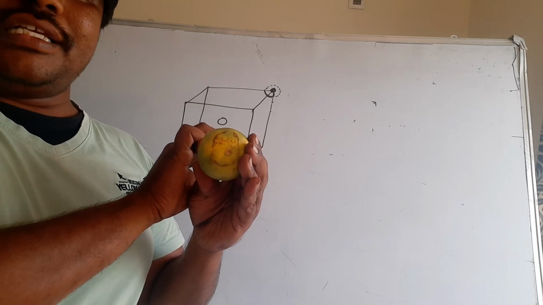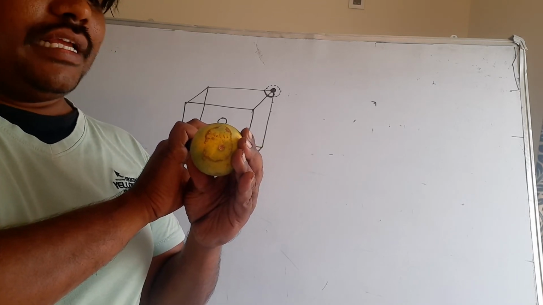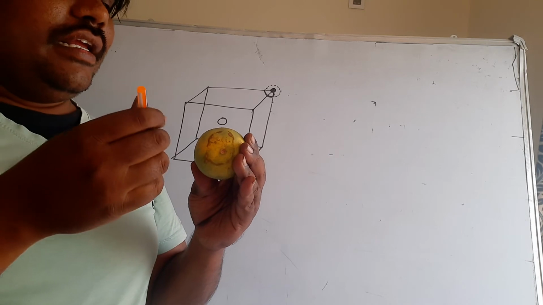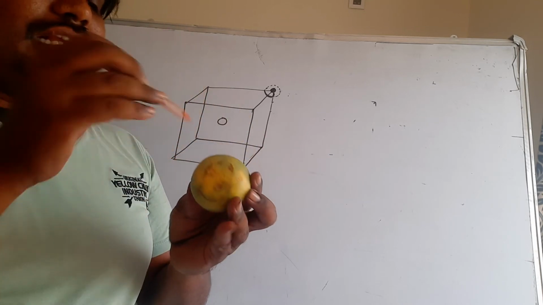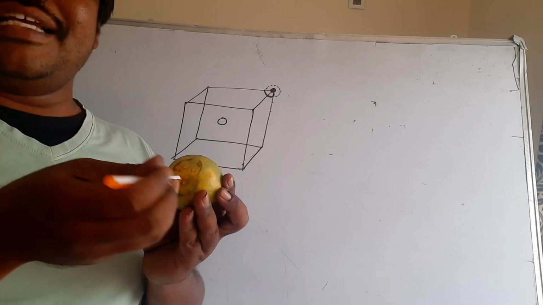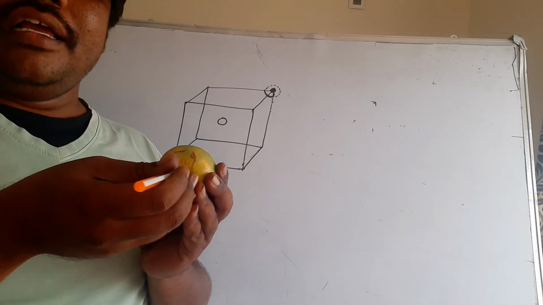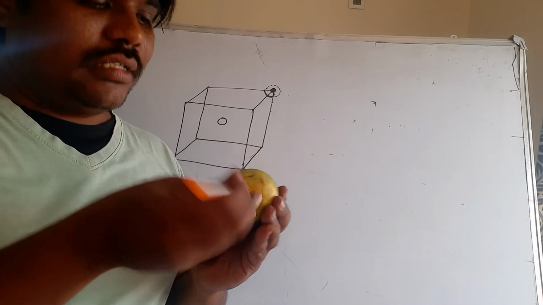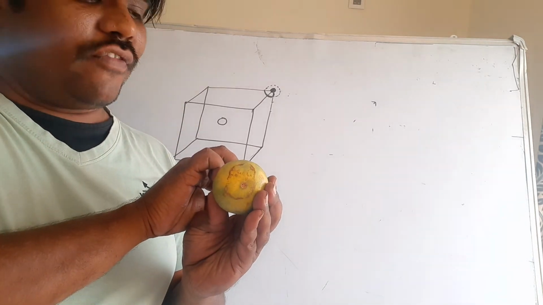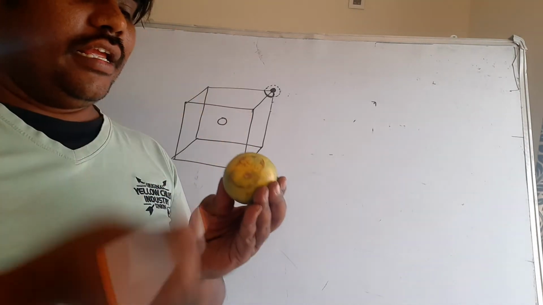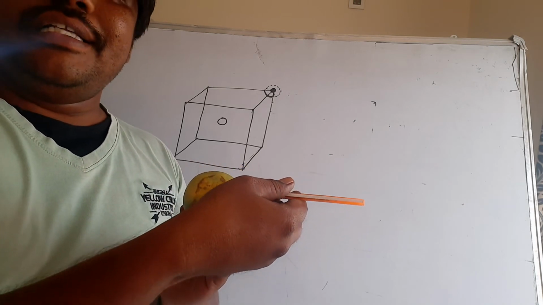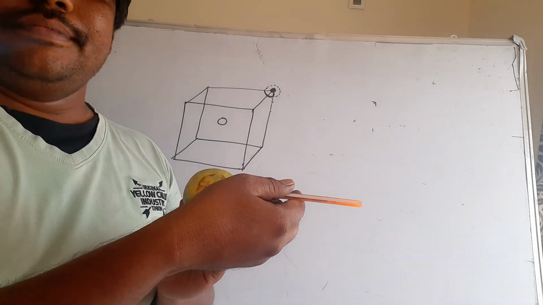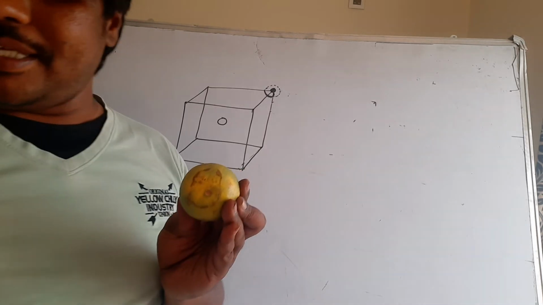Four edges are inserted, right? And with symmetric separations we can insert 6 edges, including the back side and front side. We can insert 6 edges, but the contribution is not 1 by 6.